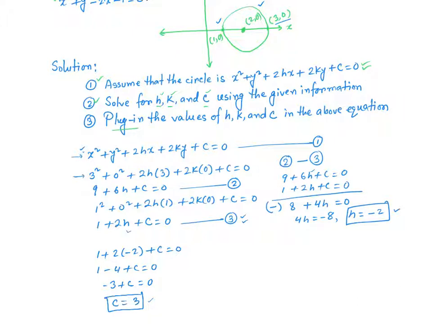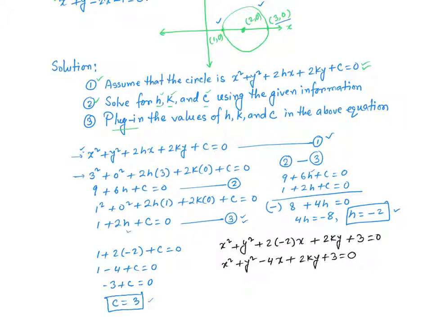Now I've got an h and I've got a c. I'm going to take these 2 values and plug them into equation number 1. If I do that, I get the following, just straightforward. I plug in the value of h equal to negative 2 right here, and c equal to 3, and then I get this equation. Now we still haven't found the value of k. However, we kind of have it indirectly. Look, the center of the circle is right here, which is at (2, 0).